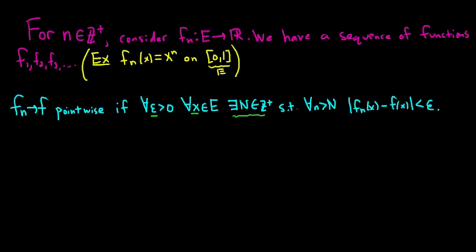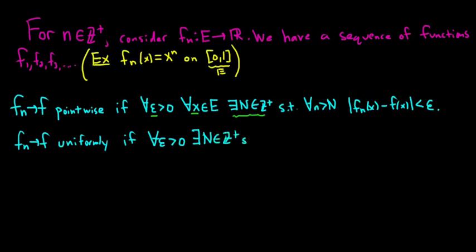Now let's look at the definition of uniform convergence. So we'll say that the sequence converges to f uniformly if it's almost the same but not quite. So for all epsilon greater than 0, there exists a positive integer N such that for all little n bigger than N, and for all x in E, we have the same thing.